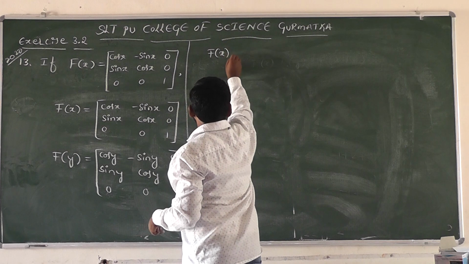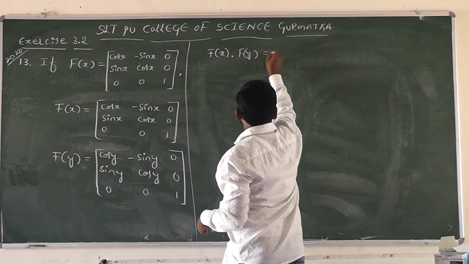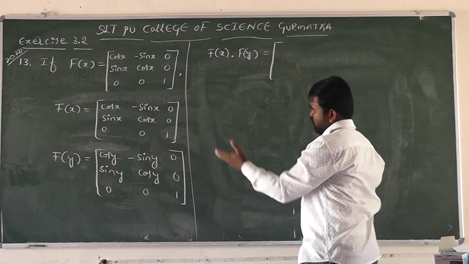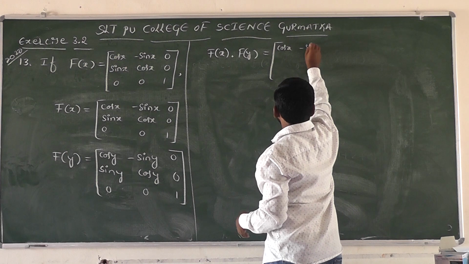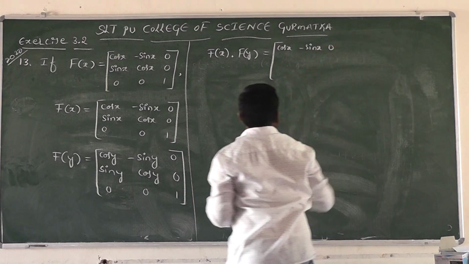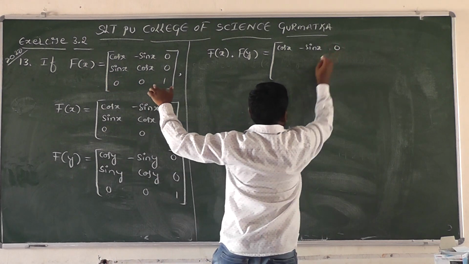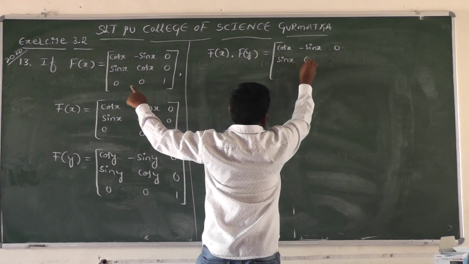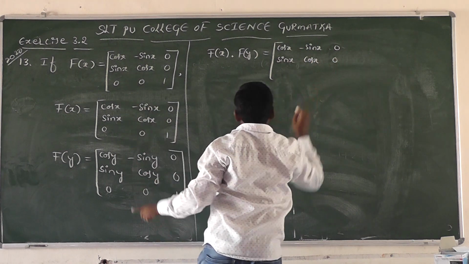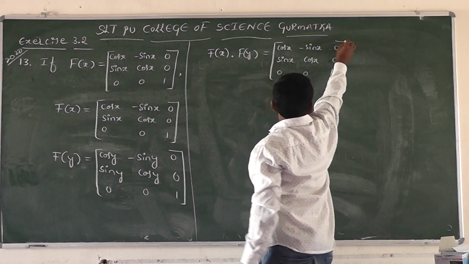F of x into f of y is equal to, what is f of x here? Cos x, minus sin x, 0; sin x, cos x, 0; 0, 0, 1, right?